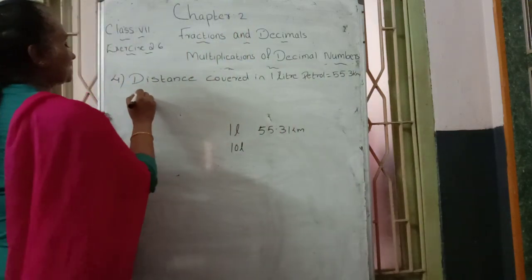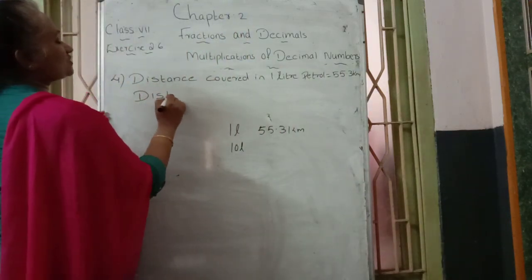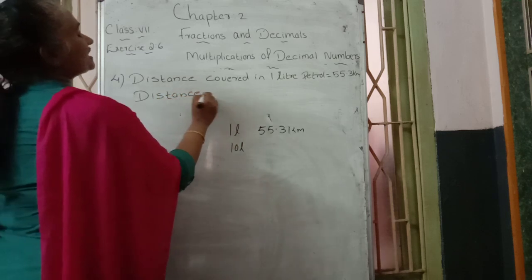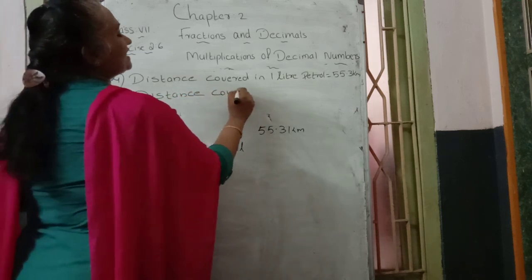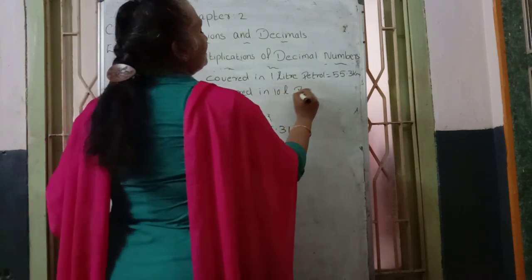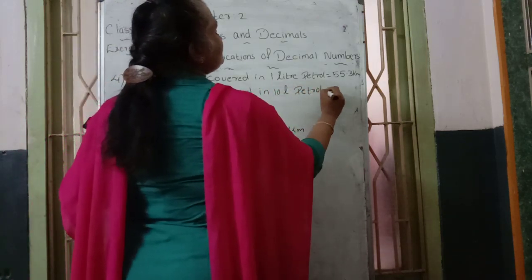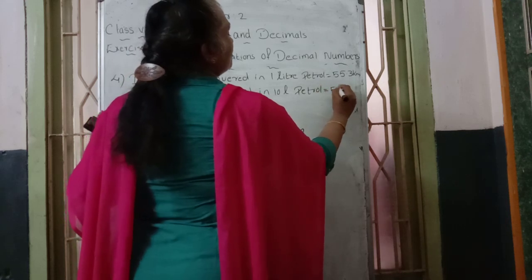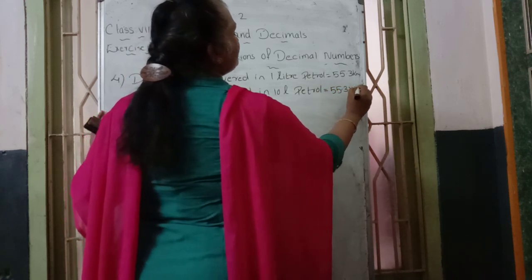They have given 10 liter of petrol in the question. Therefore, second step: distance covered in 10 liter of petrol is equal to 55.3 multiplied with 10.